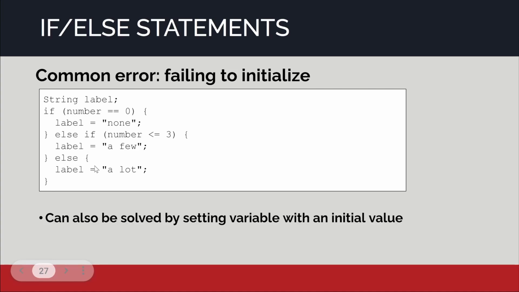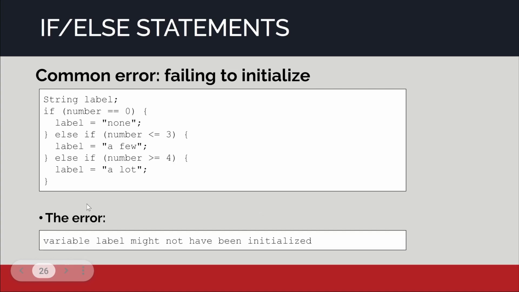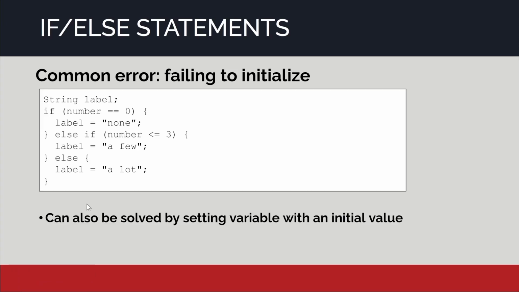So if it's not none and not a few, then it must be a lot. Another solution is that you can set label to an initial value. You could say string label equals a lot and then have all the if-else statements. This is one way to make the error, such and such might not have been initialized, go away. There is a subtle bug here, and that could be if number is negative. We'll get to dealing with things like that later on in this session.